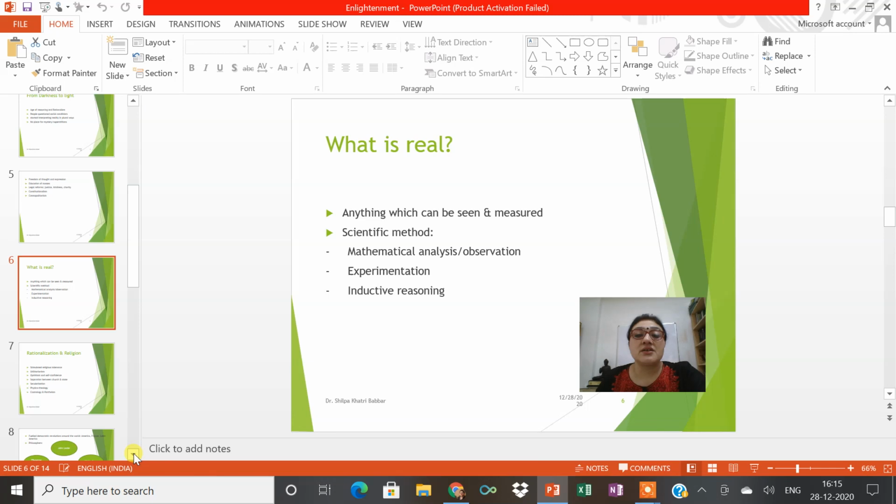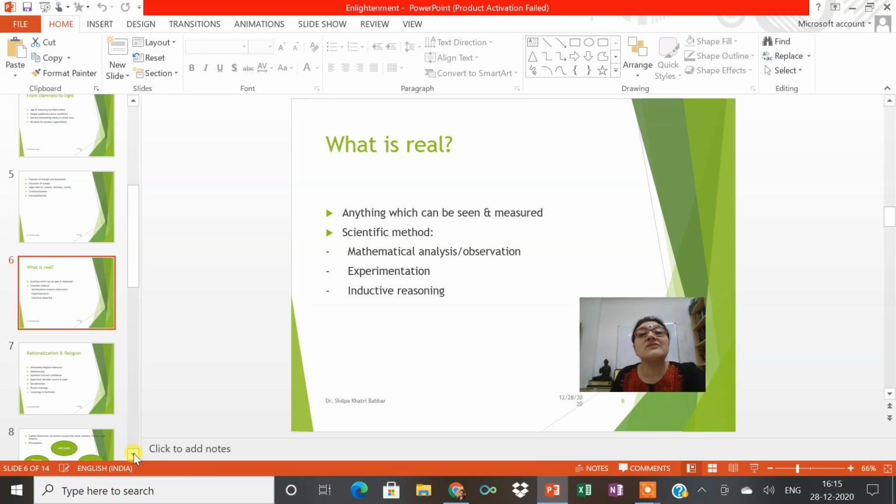And lastly, scientific methodology involves inductive reasoning. Inductive reasoning is that kind of reasoning, in opposition to deductive reasoning, wherein a researcher first gathers the data, then analyzes the data, and only thereafter constructs a theory to explain her findings.